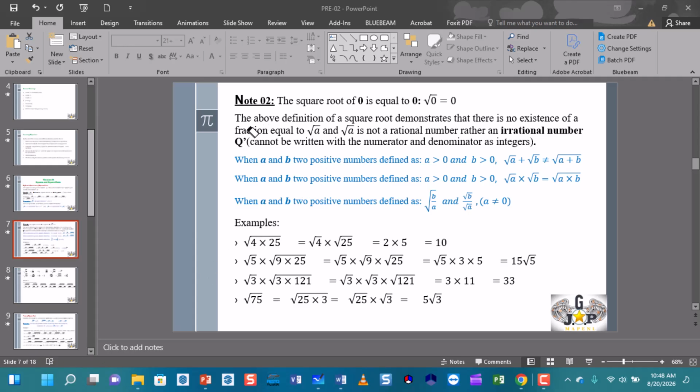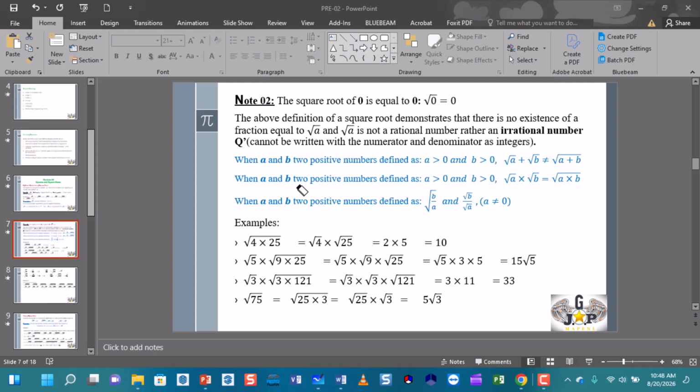Then we go ahead. The above definition of the square roots demonstrates that there is no existence of a fraction equal to square root of a. I mean that the square root itself is not going to give you a fractional number. No, it's going to give you a whole number, not a negative number.